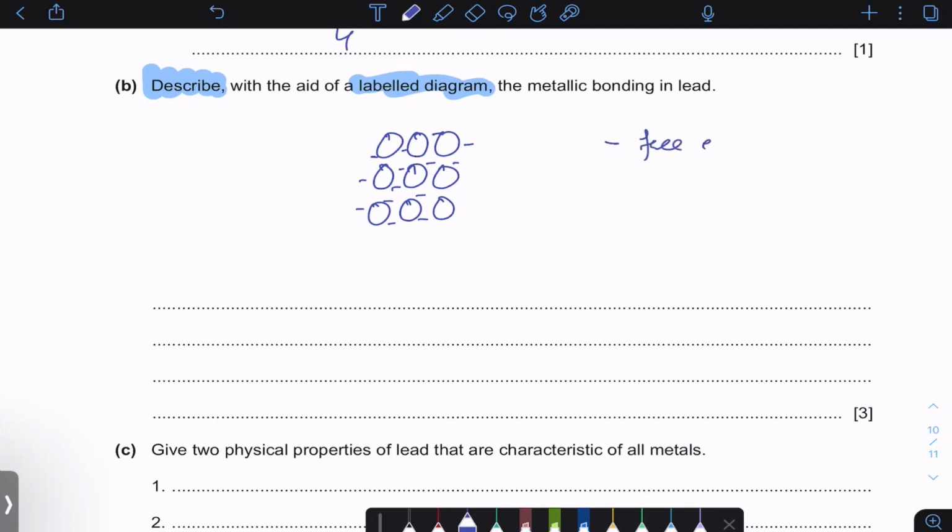And यहाँ पे key बना लें. Free electrons. And this is cation. And now let's describe it. So cations are in layers. ठीक है.